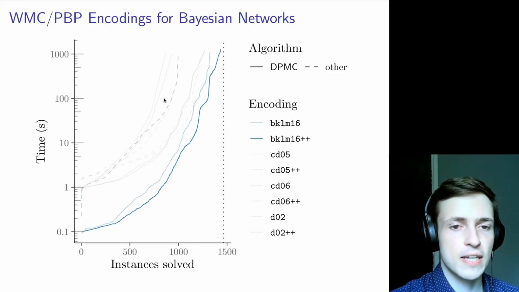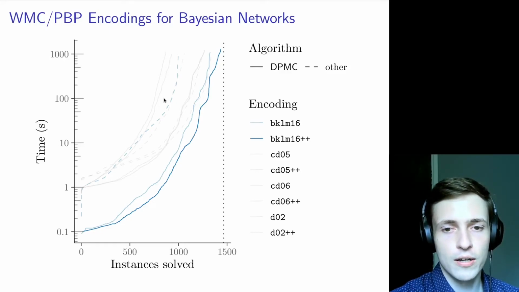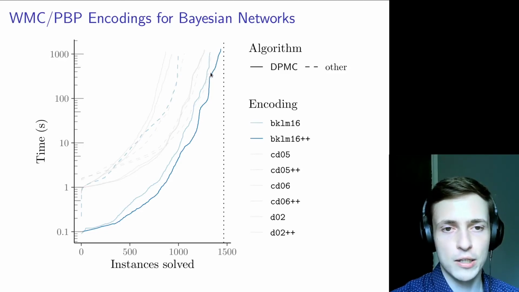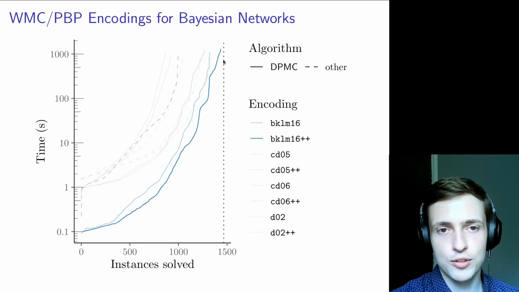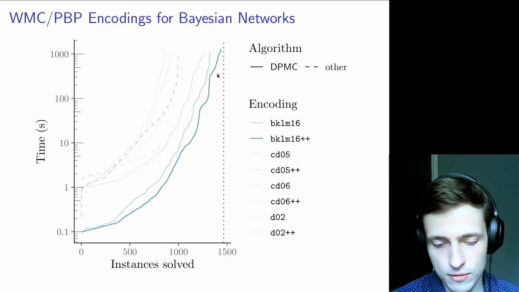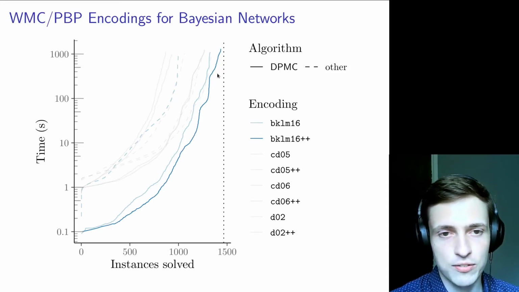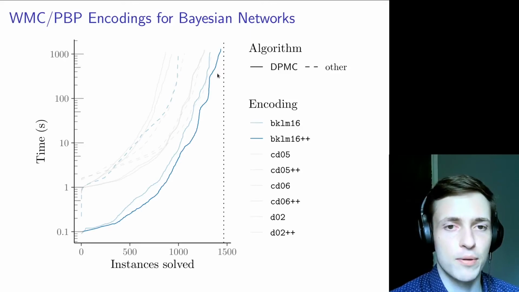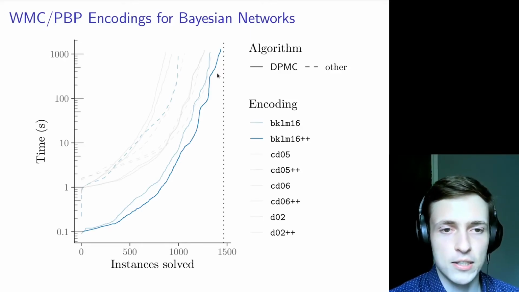But our transformation does have a significant performance improvement for the most recent WMC encoding, which also happens to be the best performing encoding for DPMC, and this improvement is enough to significantly separate the best performing encoding with our transformation compared to not applying our transformation, and also to separate it from the previous state of the art.